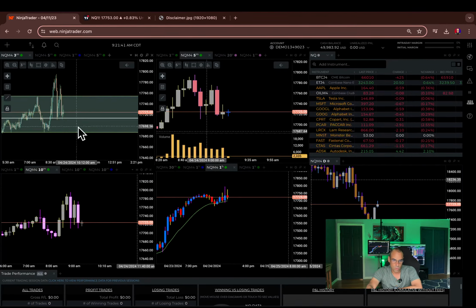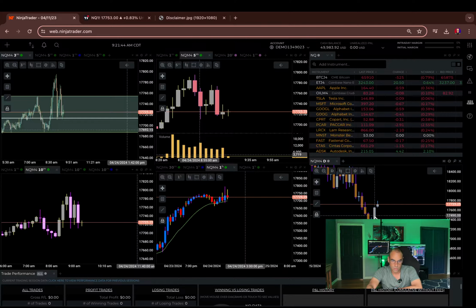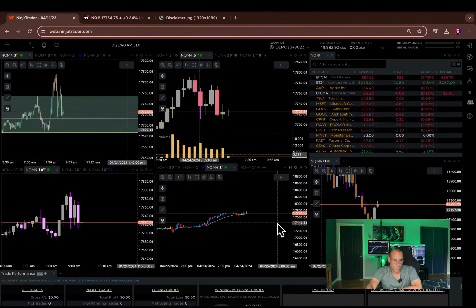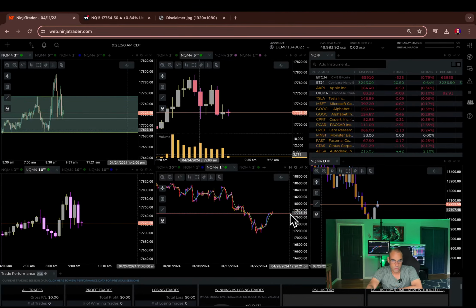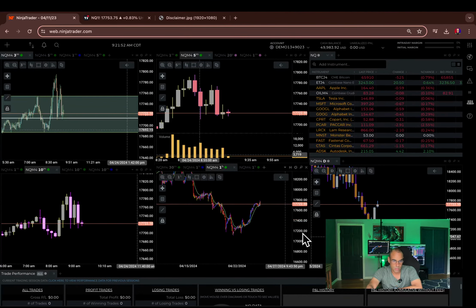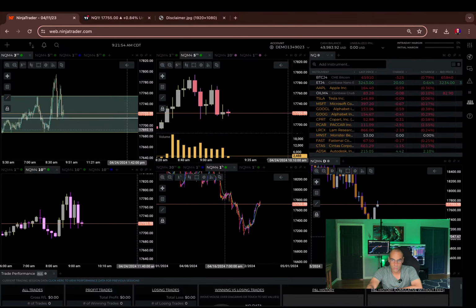This is the kind of setup we want to see. We got the flip confirmation on the daily. So if on the daily looks like a flip, then it quacks like a flip on all the other time frames.